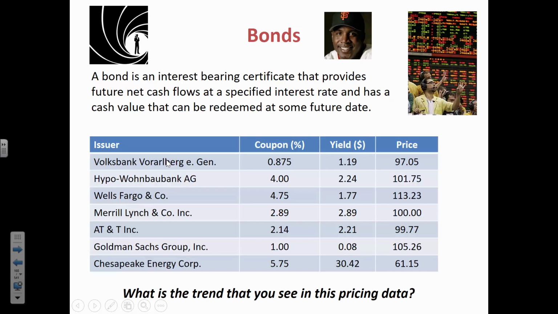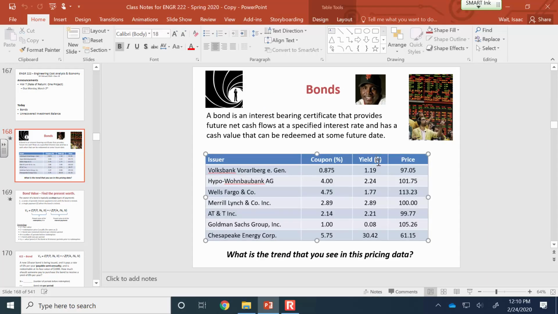Here are some bond values that I got online today, and I looked up various companies. The 3 components of a bond that are important for us to talk about today are the coupon percentage, the yield percentage, and then the price.